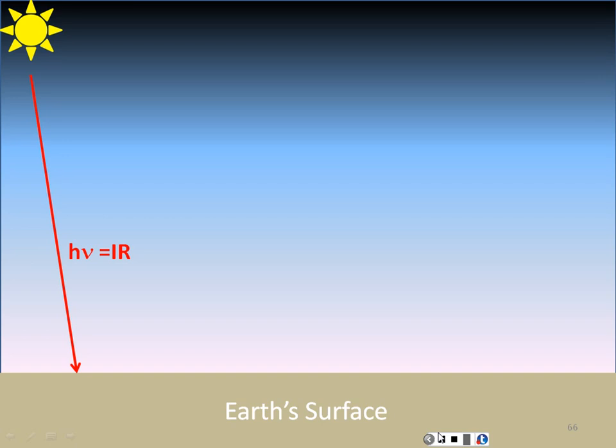So that normally comes into the Earth's atmosphere, hits the Earth's surface, but then it gets reflected. A lot of this heat, IR radiation, gets reflected back into space.